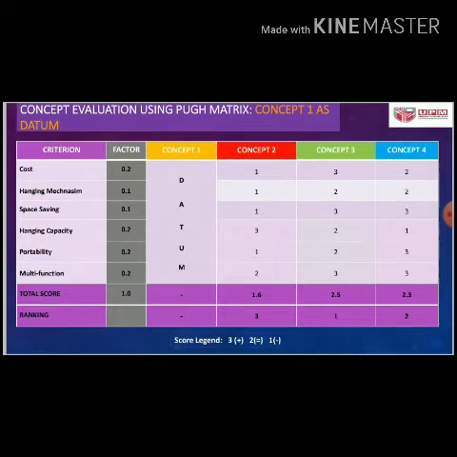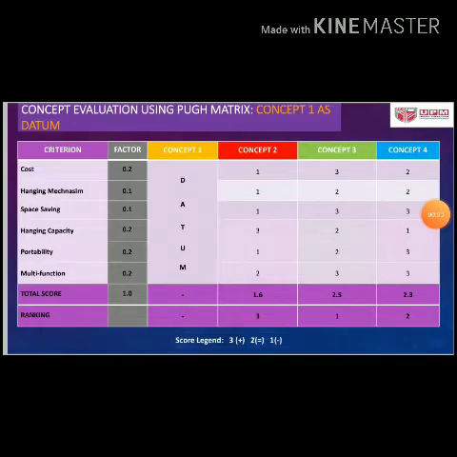Moving on to the scoring system, normally in the Pugh matrix we apply positive, negative, or equal signs. I would prefer a numerical presentation, because it gives a straightforward comparison in terms of numbers from one concept to another. On top of that, the total sum of the weightage must equal 1.0.